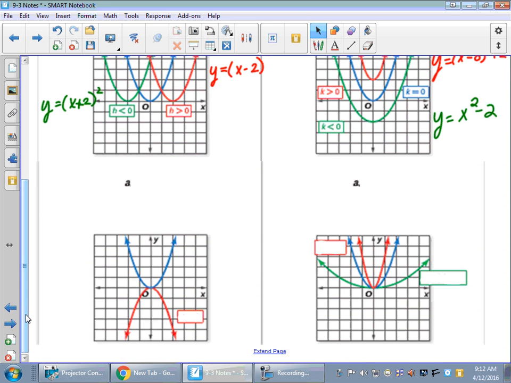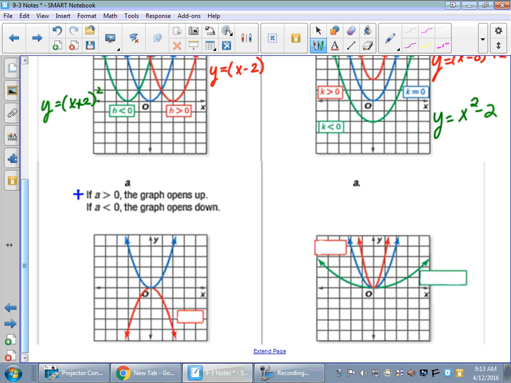The a value actually does 2 different things. So let's look at the left-hand side first. Your a value, and you already knew this from before, it's the same thing as when it's in standard form. The a value decides the direction of opening. If a is greater than 0, if a is positive, then the graph opens up.